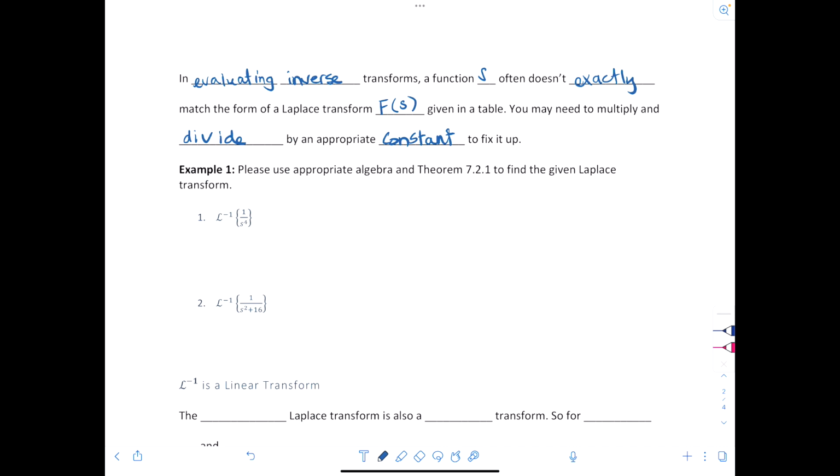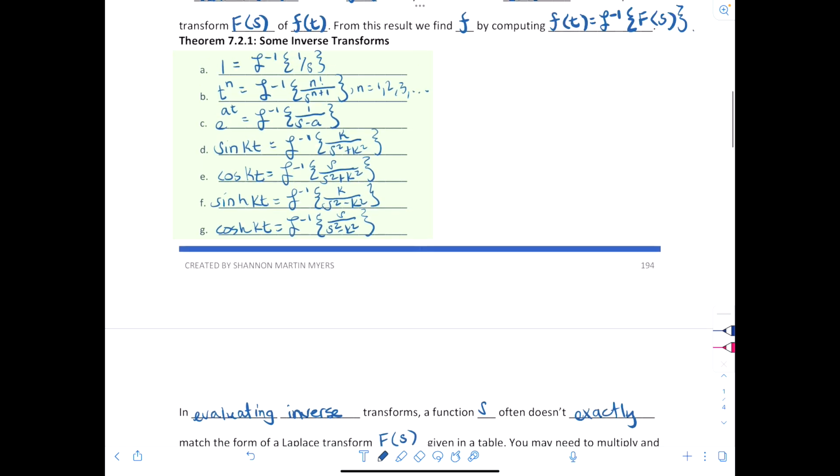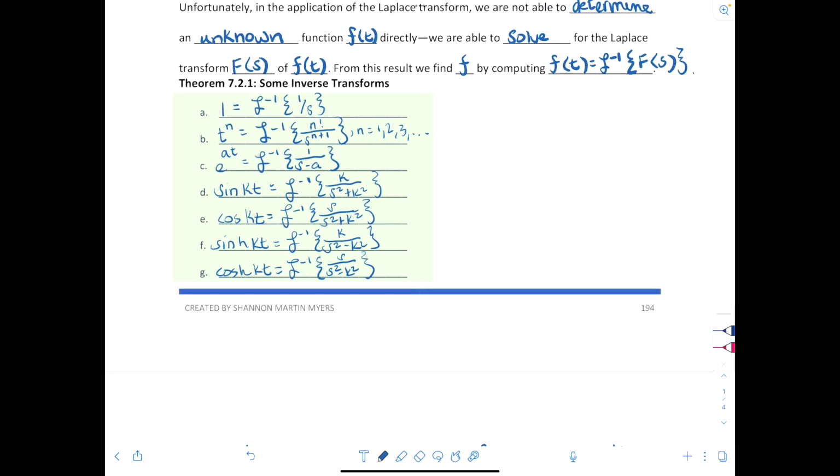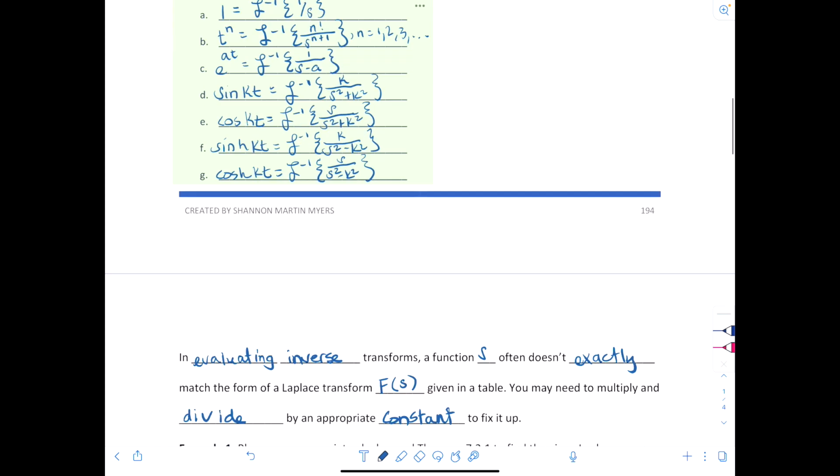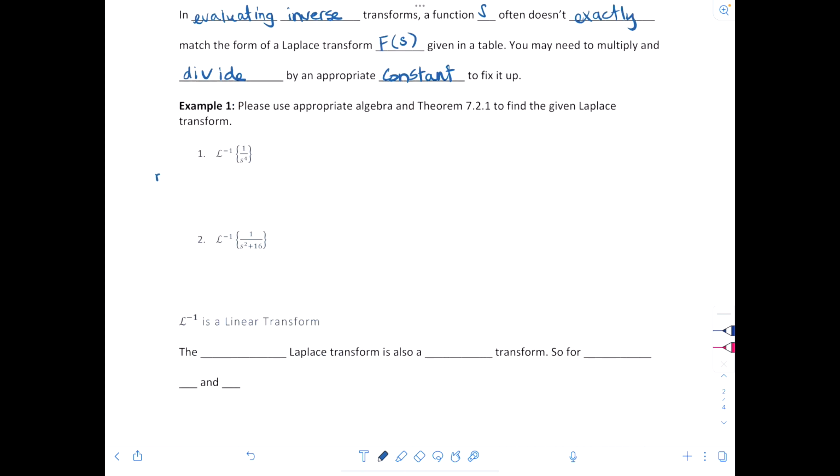And so, first example, let's use the appropriate algebra and theorem 7.2.1, which was this here, to find the given inverse Laplace transform. So the formula we have that looks like the first problem, where we have s raised to a power, needs the n factorial. So if n plus 1 is equal to 4, n will be equal to 3. And so what we're lacking here for the official transform is the 3 factorial in the numerator.